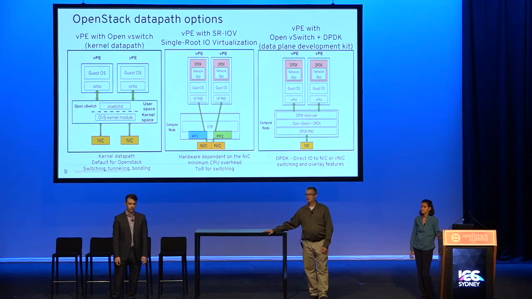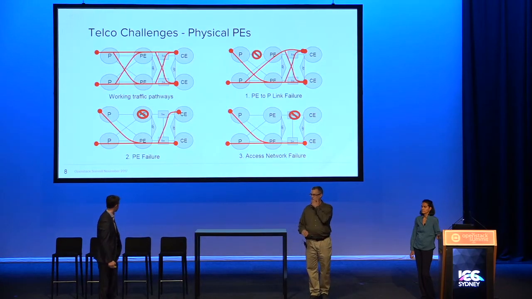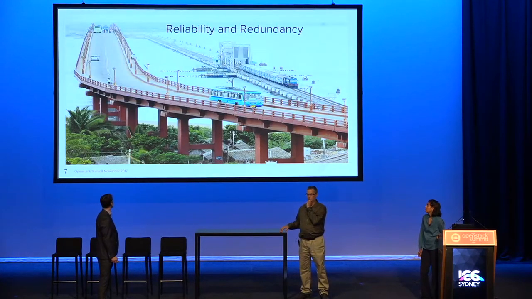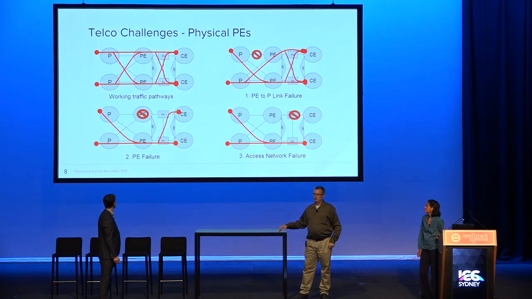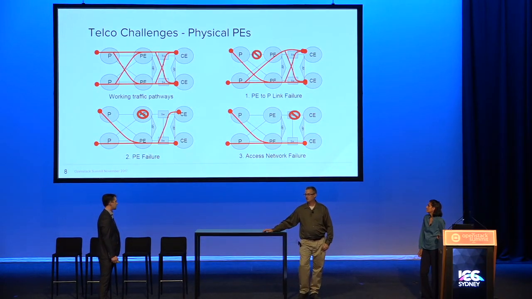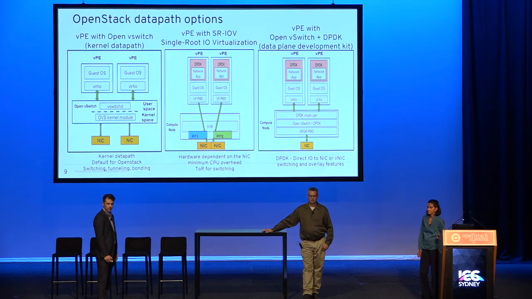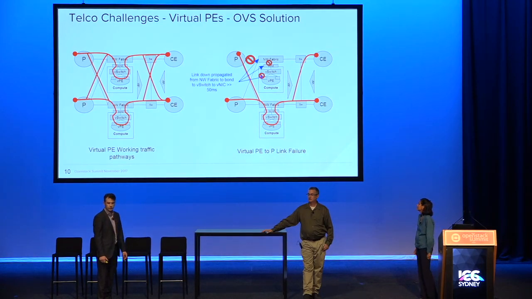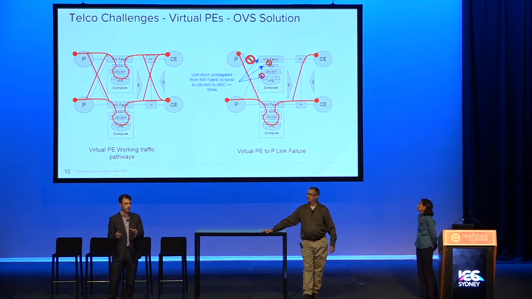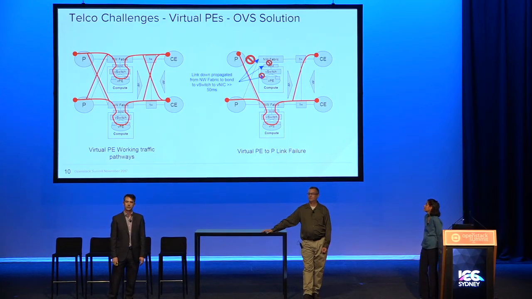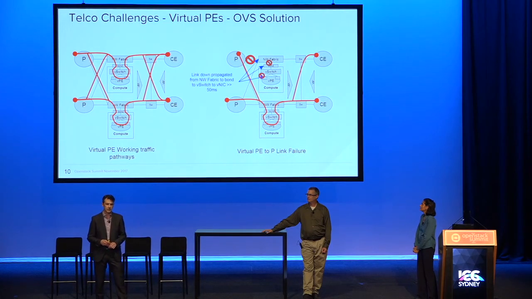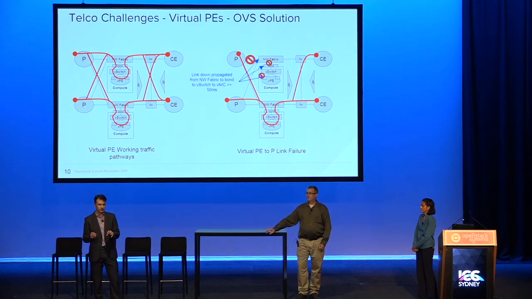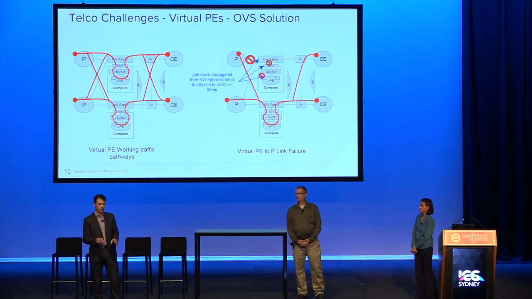So as we move on to the next slide, we see what it looks like with an OpenVSwitch deployment. When we add OpenVSwitch into our virtual PE use case and a networking fabric, which we typically have for connecting computes together, our pathways that Greg spoke about suddenly look like this.